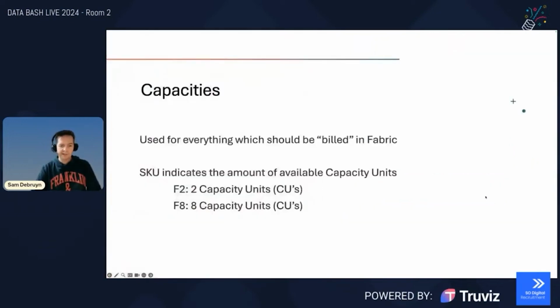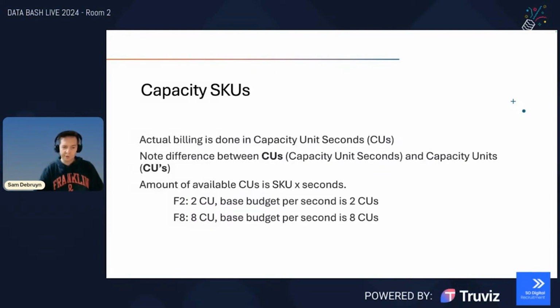And a capacity is used for everything which is built in Fabric, so really everything. Even if you use Copilot and you ask it a question, it's also going to consume a bit of your capacity. And a capacity always has a certain amount of capacity units. So for example, an F2 capacity on Fabric has 2 capacity units, and an F8 has 8 capacity units. The actual billing is done in capacity unit seconds, abbreviated CUs here, while capacity units are abbreviated CU.